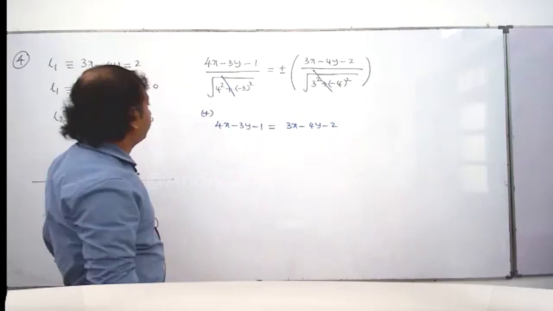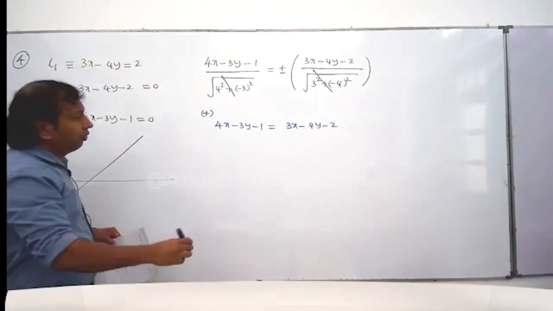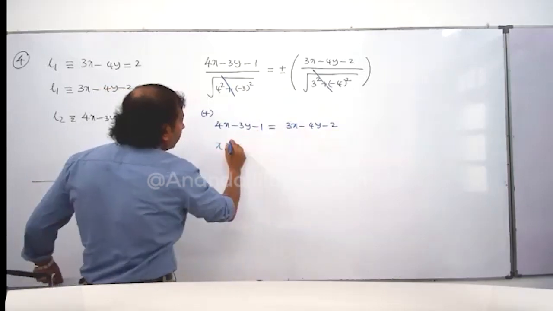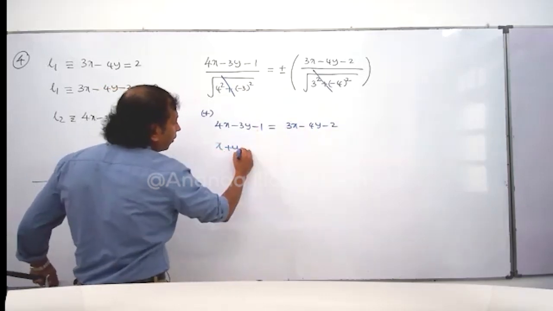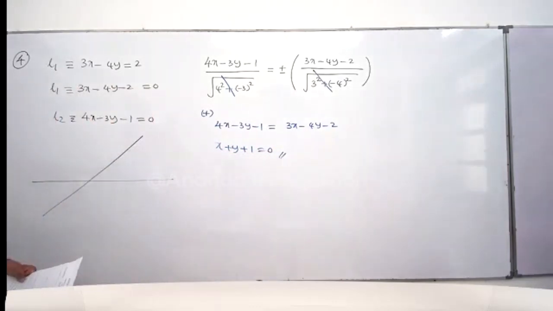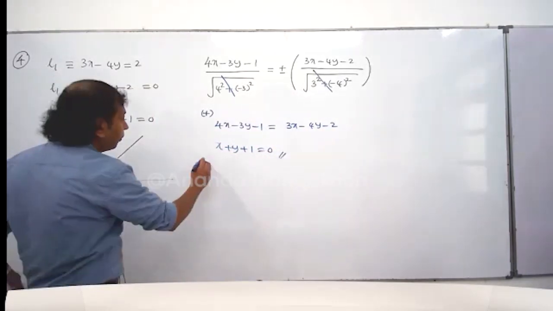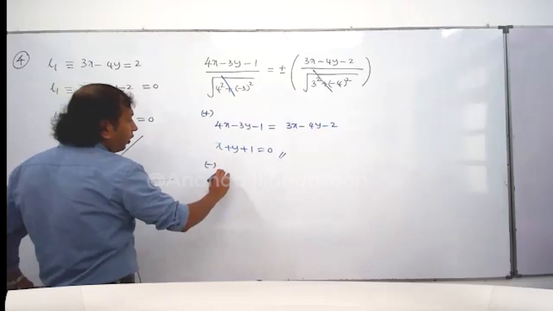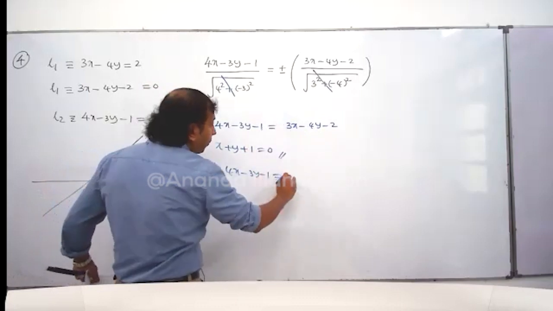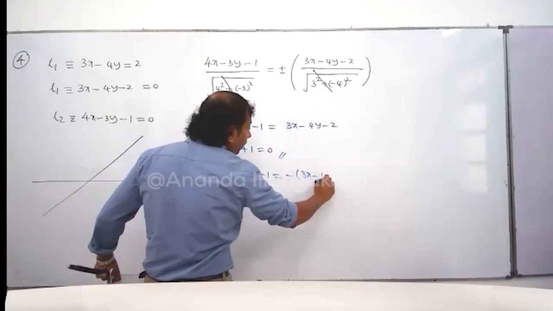Only 2, right. Now, simplify this. We get, take this side, x plus y plus 1 equals 2. One equation is this. The other one, take minus sign. You take minus sign, 4x minus 3y minus 1 minus 3x minus 4y minus 2.